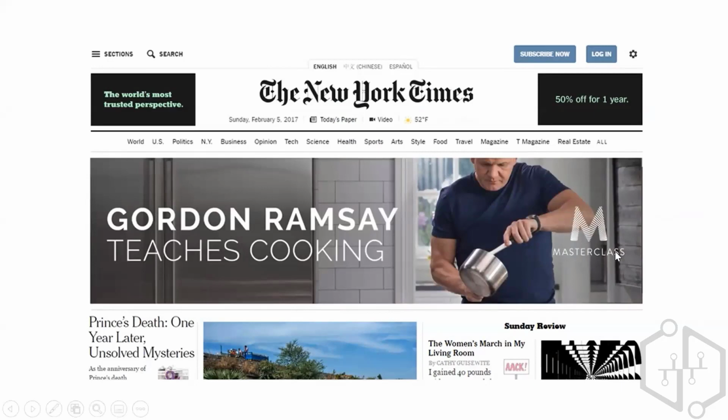So one campaign can be related to multiple placements. Masterclass campaign has Gordon Ramsay, James Patterson, Sachin Tendulkar, Brian Lara, all these creatives under a single banner.